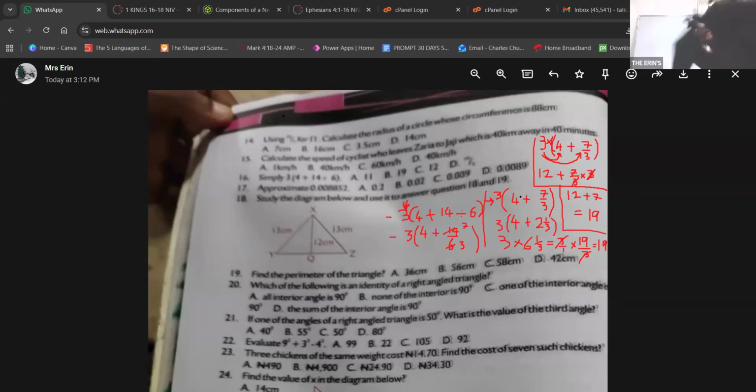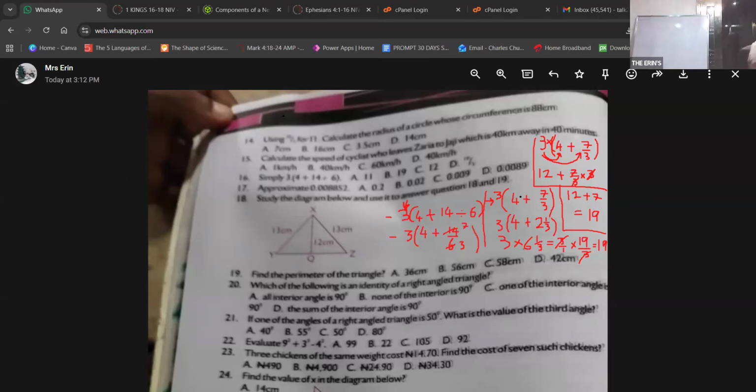0.0089. Correct. Yes, correct. I like that. Okay, so let's assume again the question had said approximate to three decimal places.